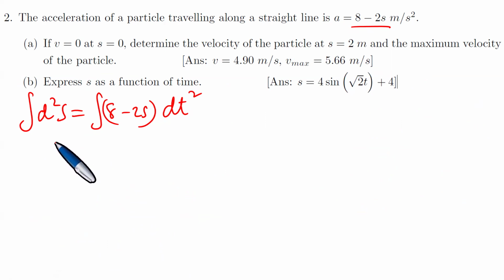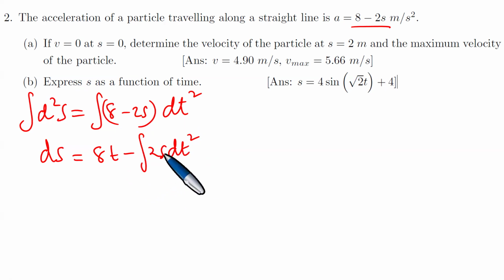So the integral of d squared s can be seen as just ds over dt, and you're going to do the integral once, so it's going to be exactly 8t, because that's a constant, minus the integral of twice s, with s as a function of time.